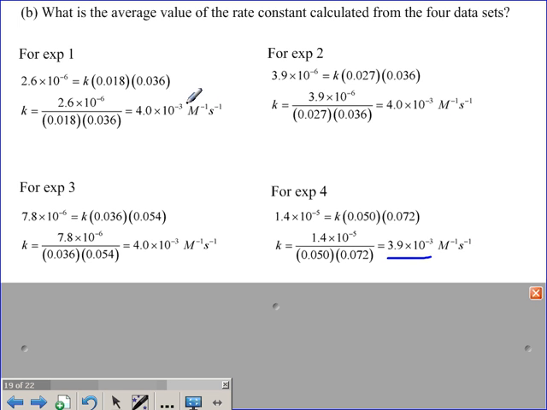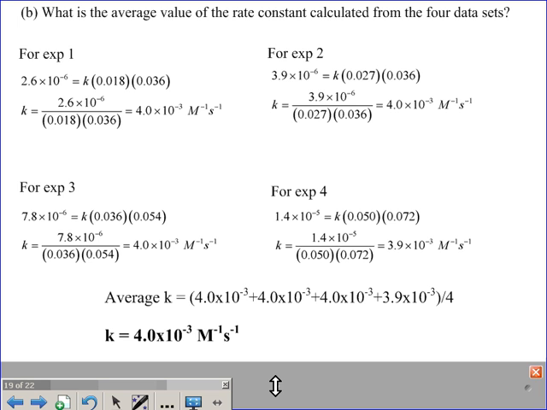The units for the rate constant, molarity to the -1, seconds to the -1, are because this is a second order overall reaction. So the average turns out to be, with rounding, 4.0 times 10 to the minus 3, molarity to the minus 1, seconds to the minus 1.